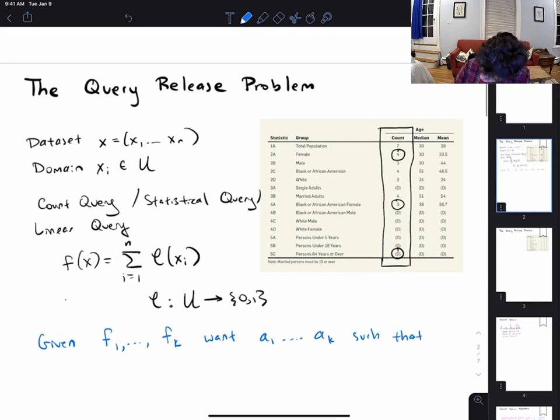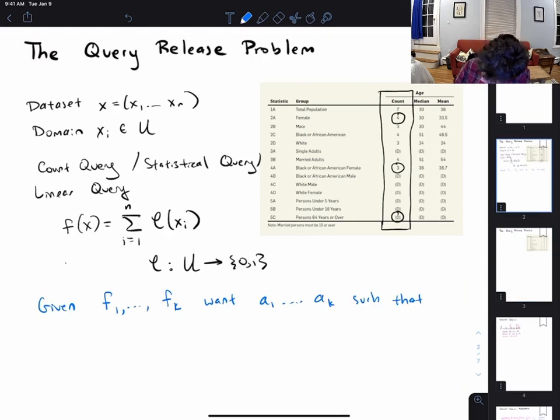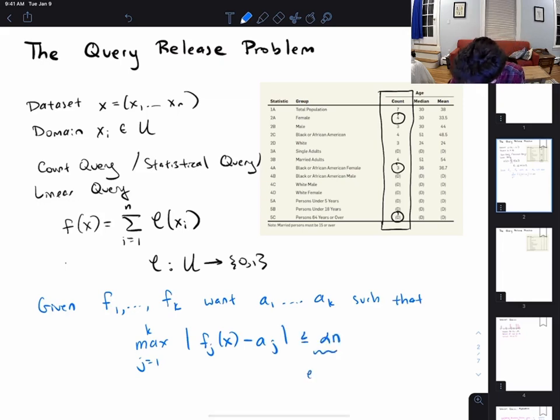So the max over j equals 1 to k of |fj(x) - aj| should be smaller than alpha n, where I'm going to call this the error.